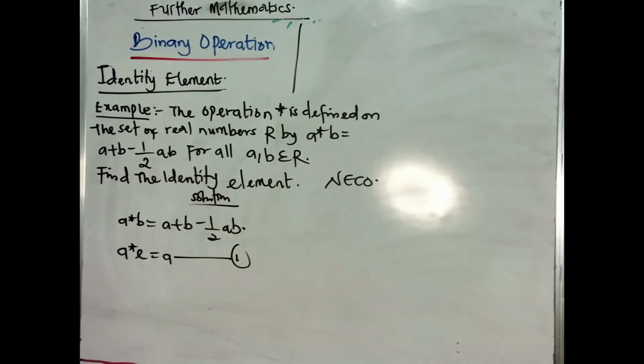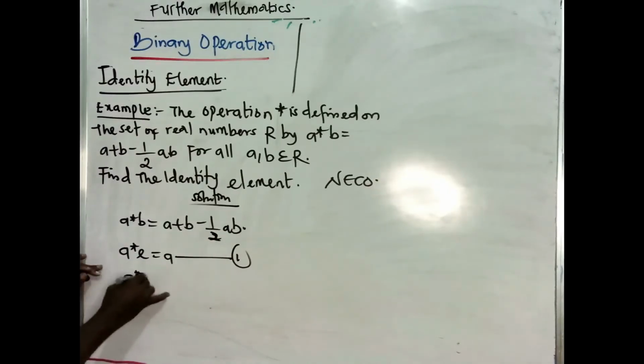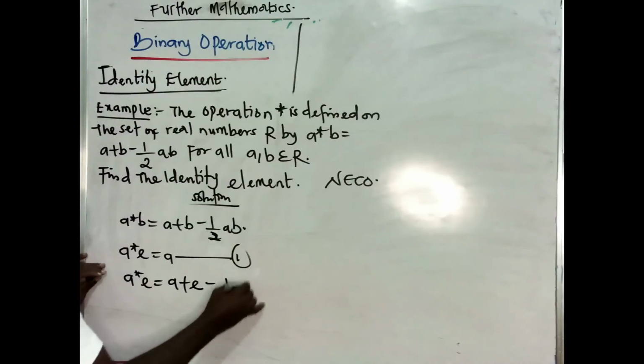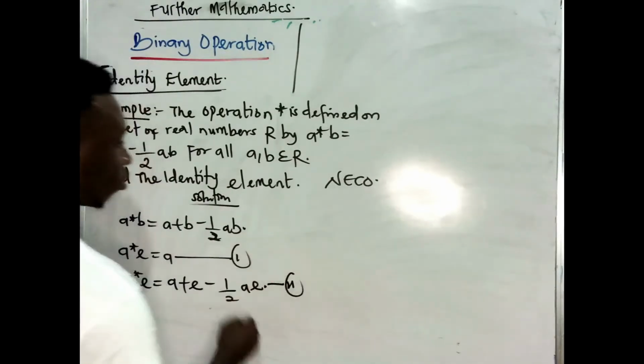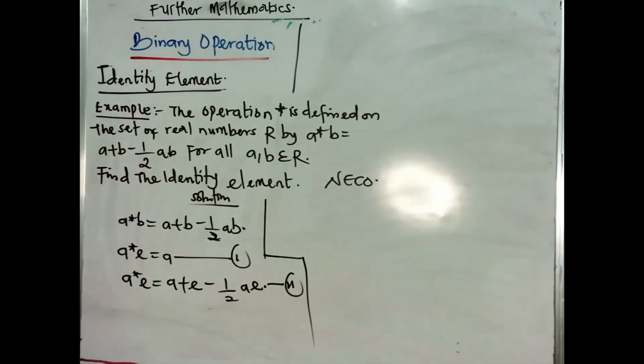I call this equation 1. So putting your E into this expression, it becomes A operation E is equal to A plus E minus 1 over 2AE. Call this equation 2.